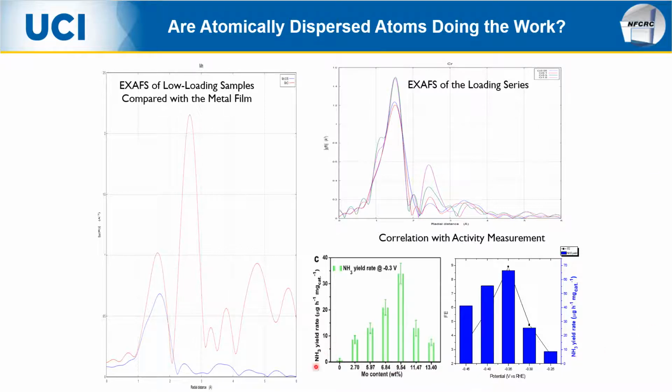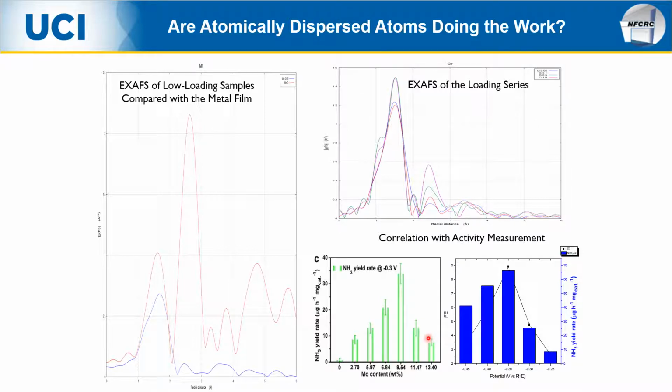As you can see here, on the horizontal axis, as the moly content increases, the ammonia yield rate increases linearly until it hits a certain threshold, then starts to plummet. That's because at that point, it starts forming small clusters.